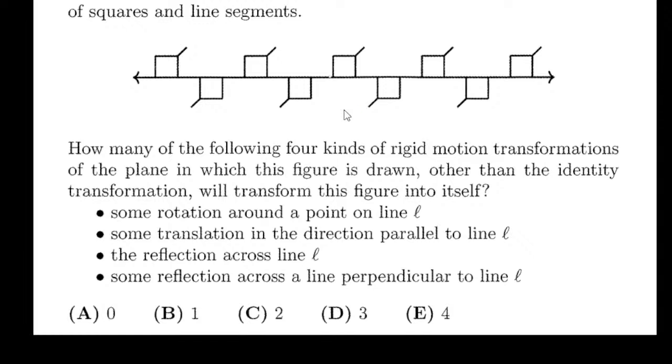So, the answer is no. Some translations in the direction parallel to the line. If there is a translation parallel to this line only, then I will get the similar pattern. The reflection across the line L. If there is a reflection along the line L, no, the pattern will be reversed. And some reflection across the line perpendicular to line L.